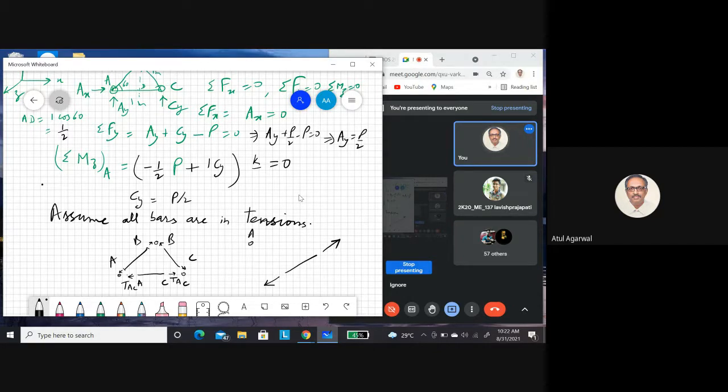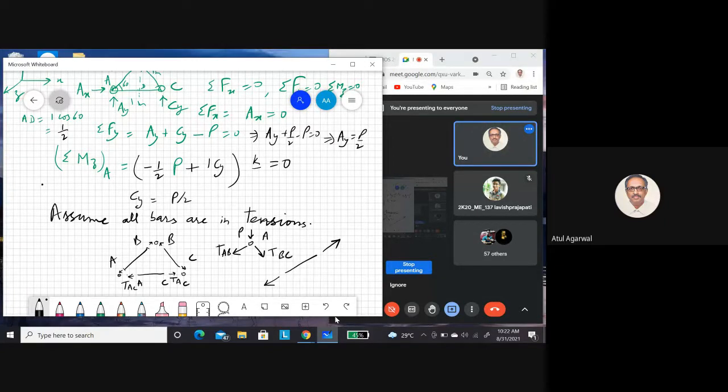Now you take this pin at position A. What are the forces coming onto the pin? Number one is the external force, P. Then this force TAB, which will be like this. Similarly, force TBC.